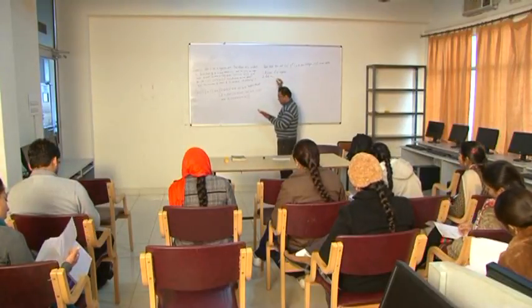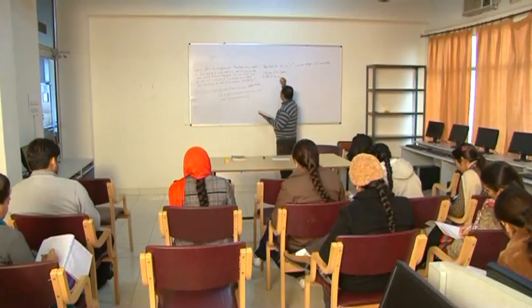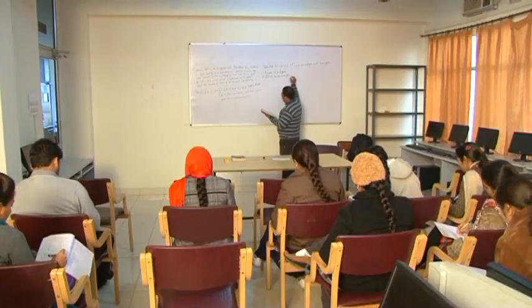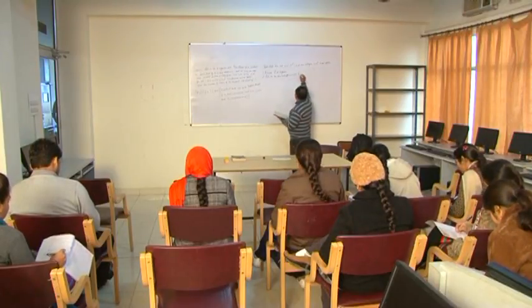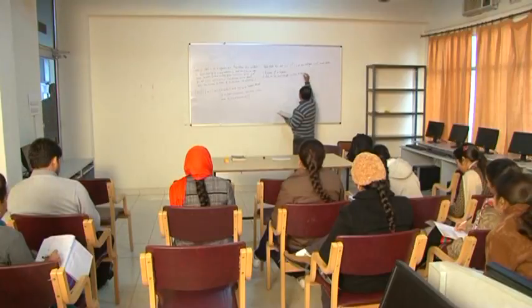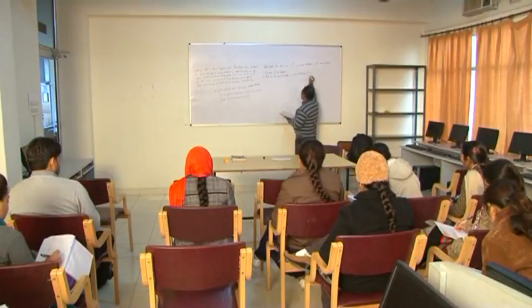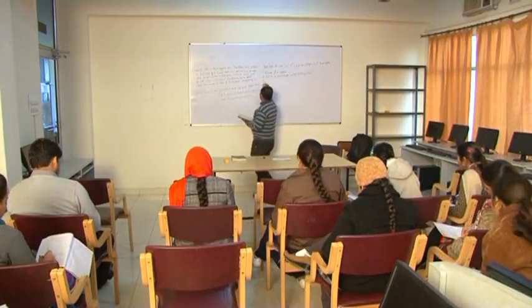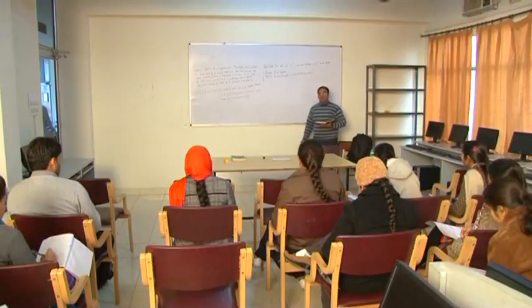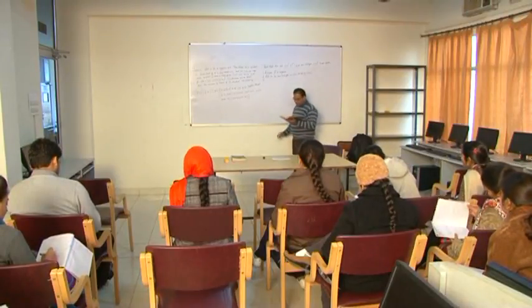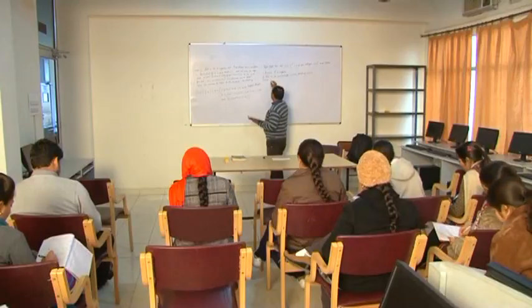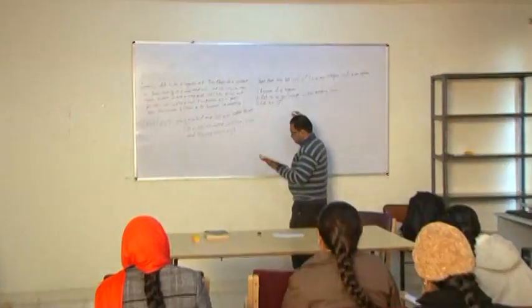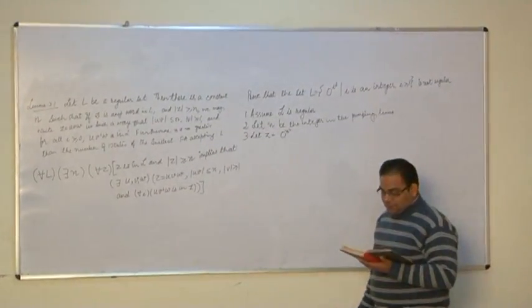Let n be the integer in the pumping lemma. That is your second point. Then we are selecting a string z in the capital L. Let z equal to 0 raised to power n square.